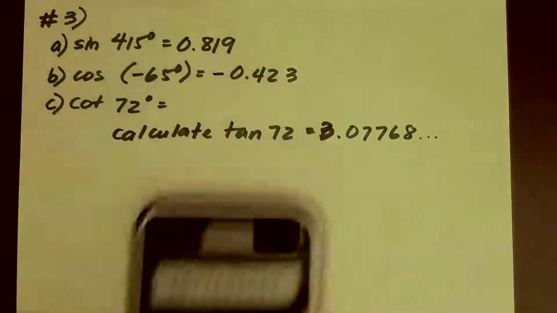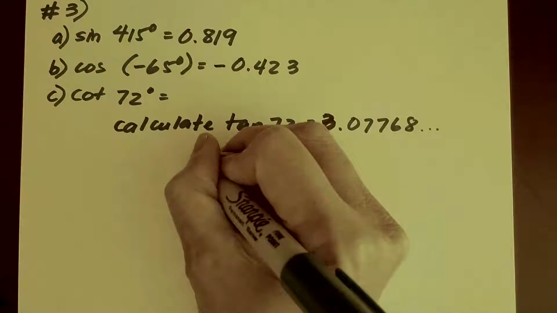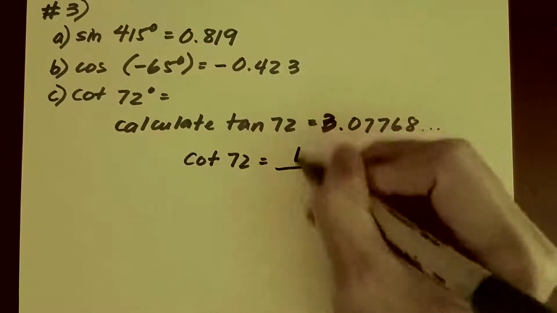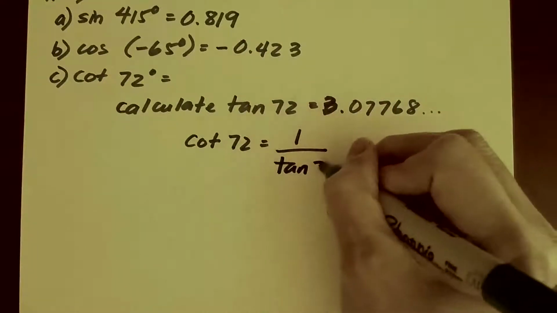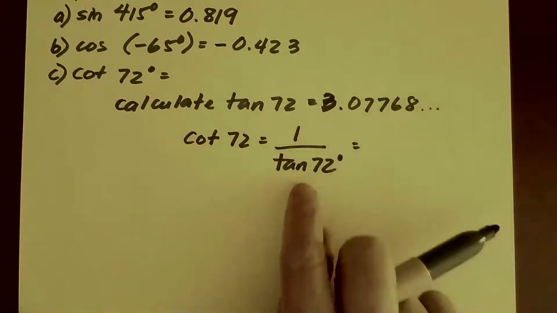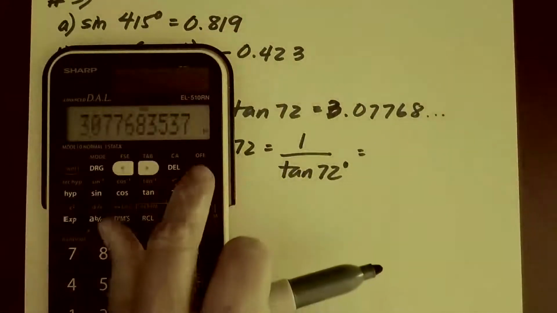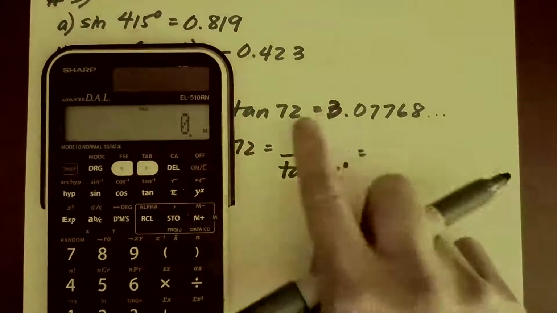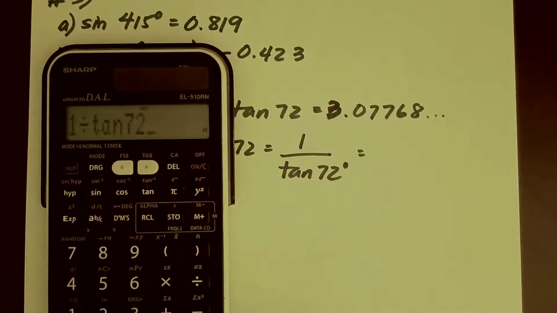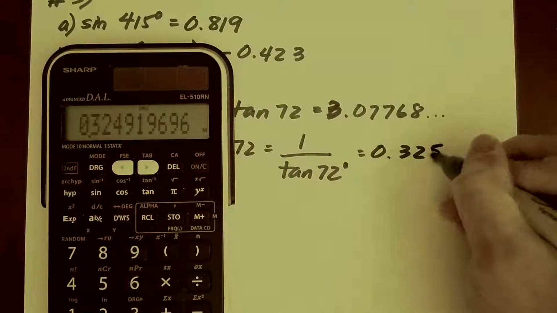Now, that's not what the question is asking. That's the tangent. Cotangent of 72 degrees is the reciprocal, 1 over the tangent of 72 degrees. So it's going to be 1 divided by tan of 72. I get 0.3249, rounded to the nearest thousandth.